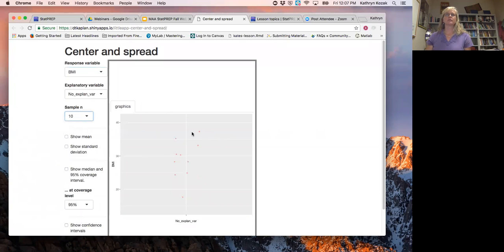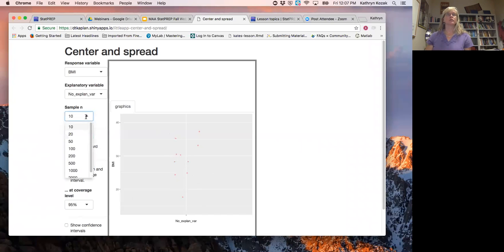So what I would do with my students is I'd say, okay, this dot right here represents a person who has a BMI of about, looks like about 38. So that's one person right there. And this is one person whose BMI is around 17. So I would actually work with that and show my students how these work.